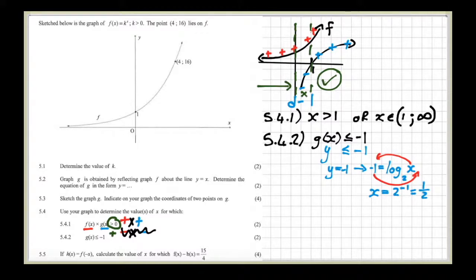Now, if I go back to my g of x sketch that I'm just quickly going to draw here for you. If I go back to my sketch, it means when y is -1, the x value there is about 1/2.